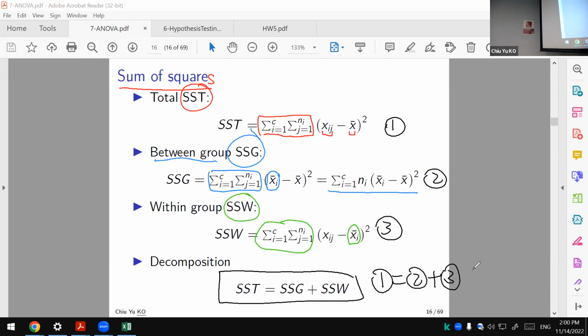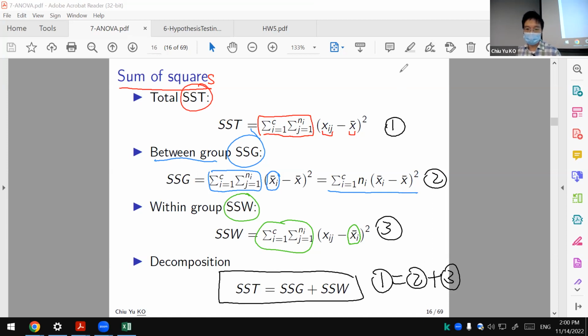So I just convince you this is right, but actually you need to work out the math. The math is not difficult, but I don't think it's important for our class, because you never calculate it anyway. But you need to know this formula. Well, later you will see.